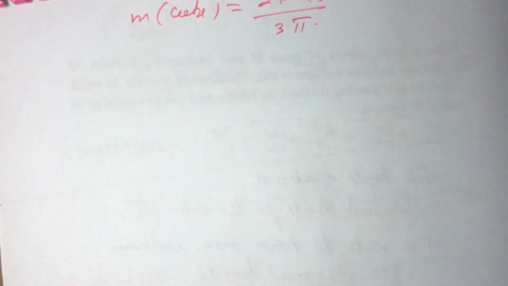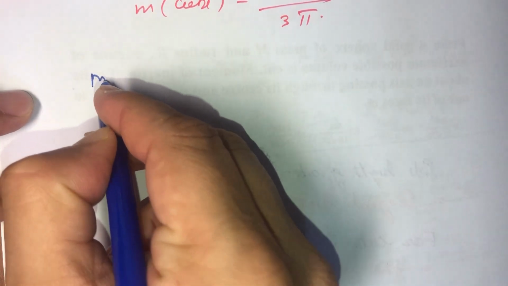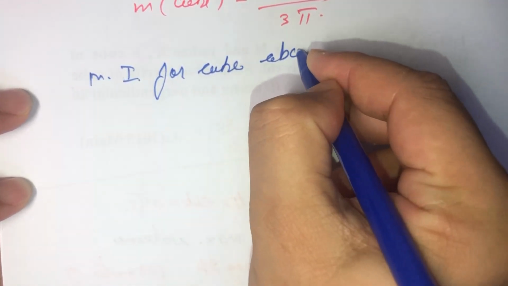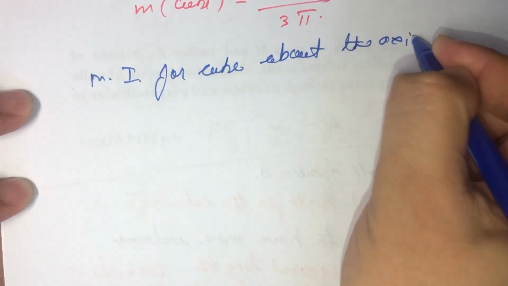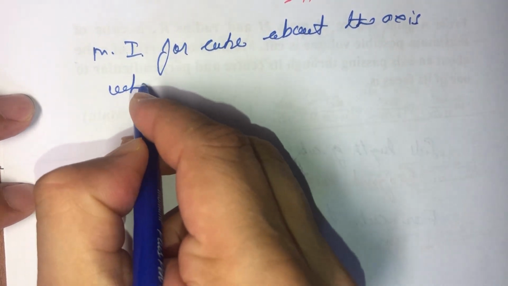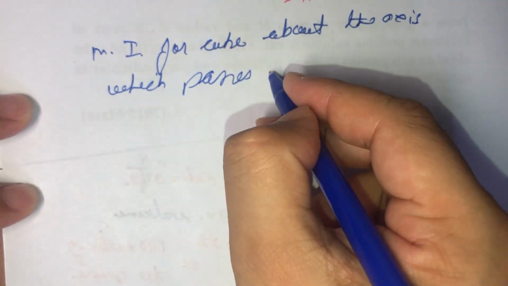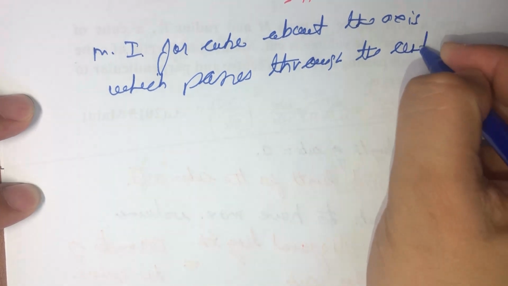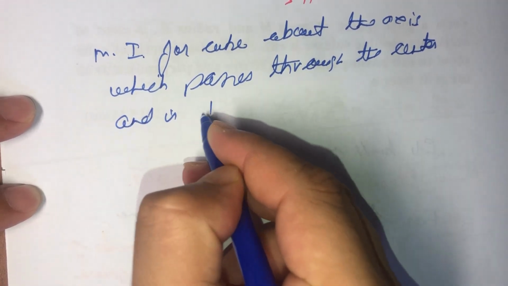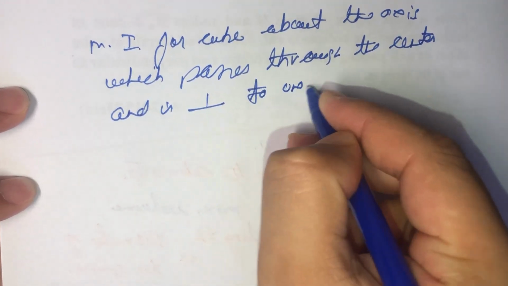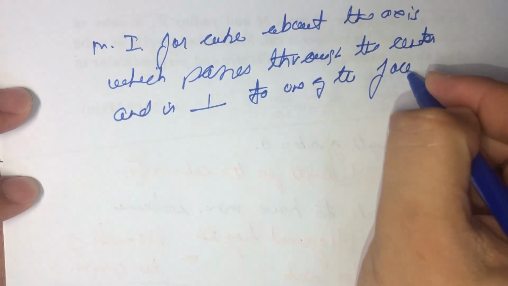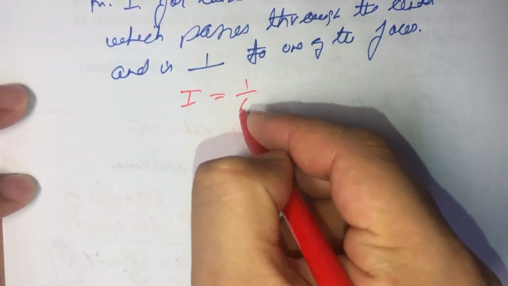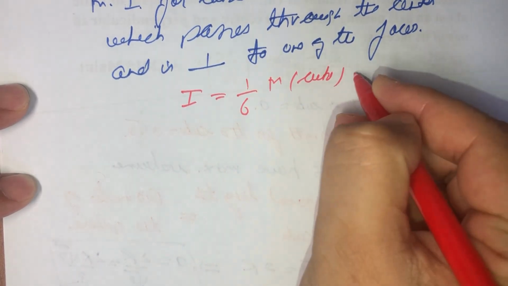And we are supposed to find out the moment of inertia. So moment of inertia for cube about the axis which passes through the center and is perpendicular to one of the faces, if represented by I, will be equal to 1 by 6 mass of the cube and side square.